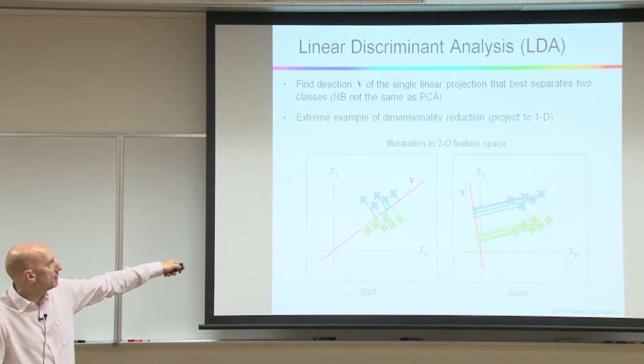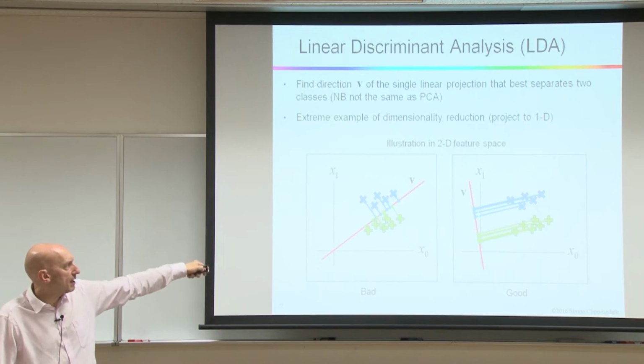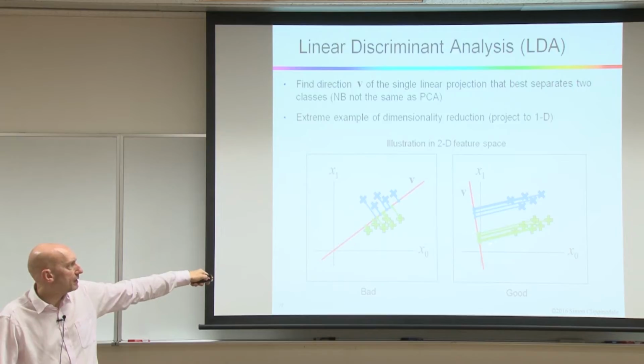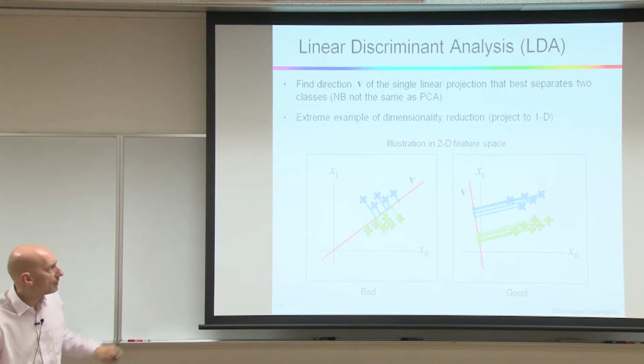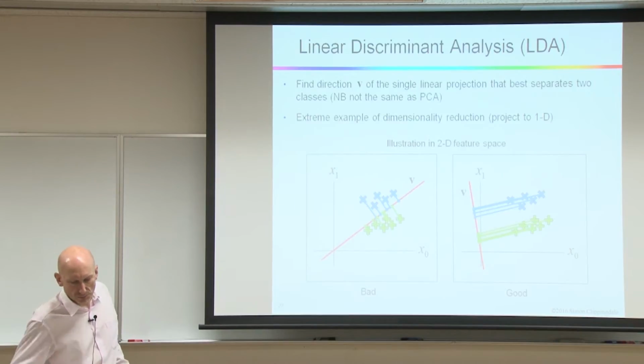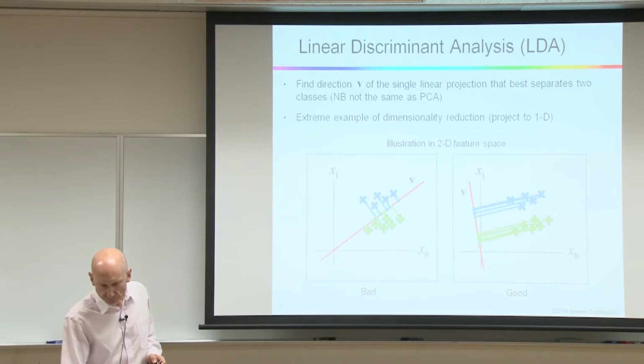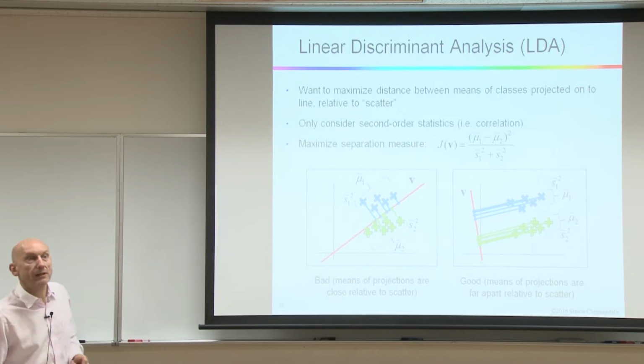Green, green, blue, green, blue, green, green, blue, green, blue, blue, blue, blue, green, blue, etc. If you project the data onto this line, they cluster pretty nicely. All green down there, all blue up there. So you might think this is a much better direction to project your data on if you're only going to use 1 coordinate. And you'd be right, yes.